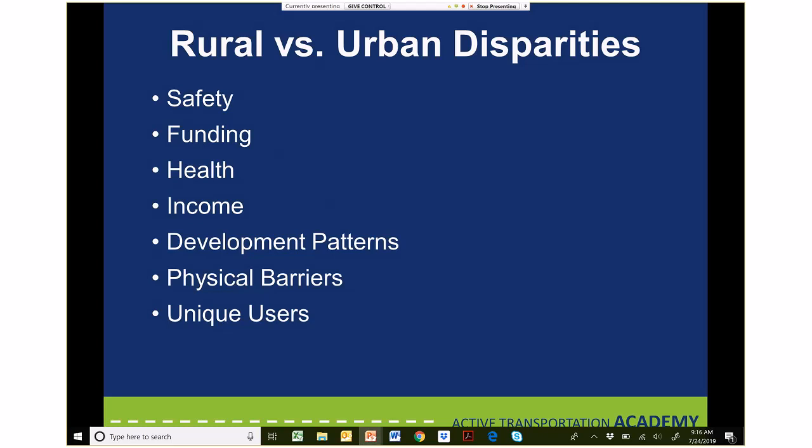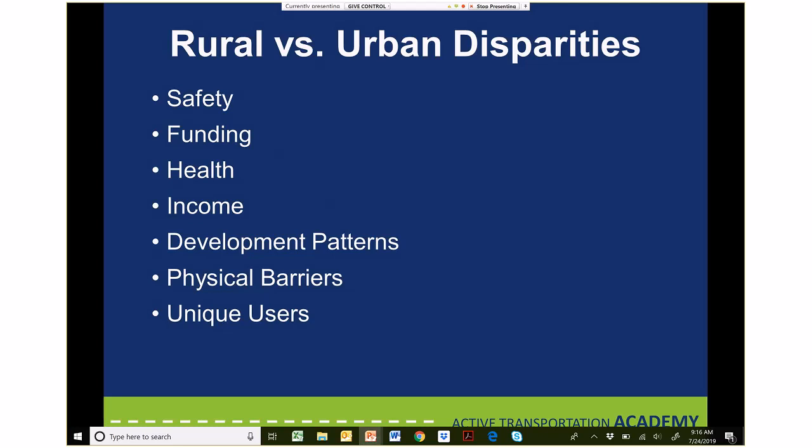So taking a look at safety in rural communities versus urban communities, safety both from the perceived and personal safety with crime and whatnot, but also with safety of the road network. Take a look at the different funding constraints and opportunities that exist in rural areas, but not in urban, and vice versa. We'll take a look at health and income, as I had mentioned before.